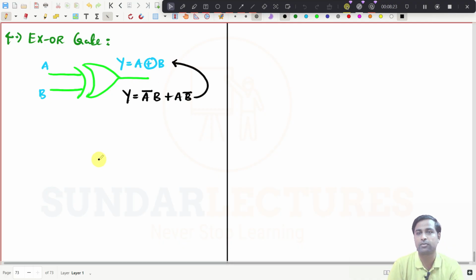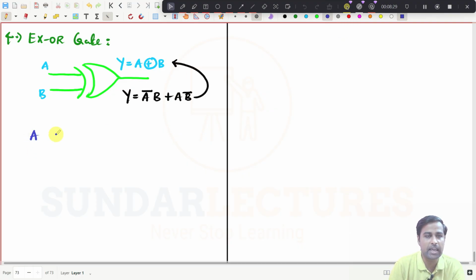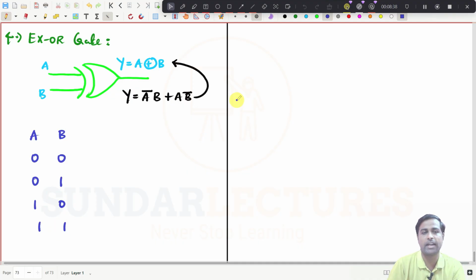Right? Try to understand. If I write the truth table, then you can easily understand too. So how to write the truth table now? Let this be A and B, only two inputs. So it will be 0 0, 0 1, 1 0, 1 1, right? This is the input. And what is Y now? When will Y be high here? See here, when both inputs are inverted, then my output will be high. That's all.